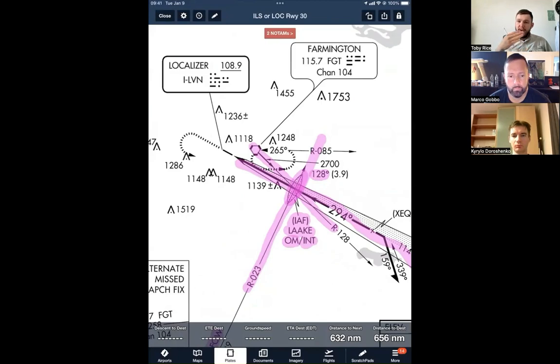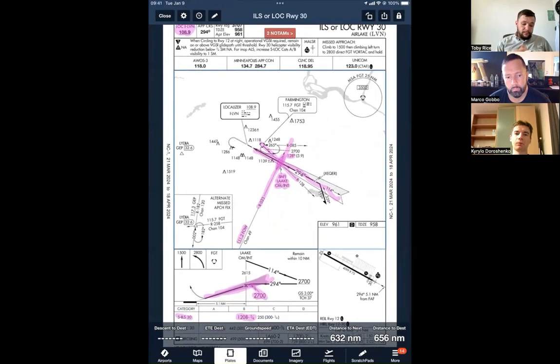That's the dash in Morse code. And the little blue light on your marker beacon instrument in your airplane should flash. That's indicating that you would be at the final approach fix for a localizer.